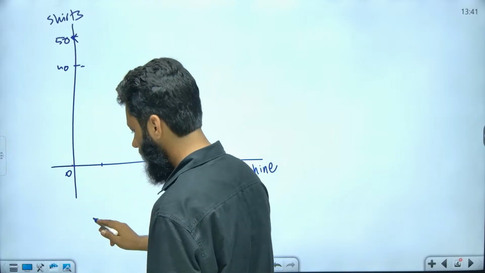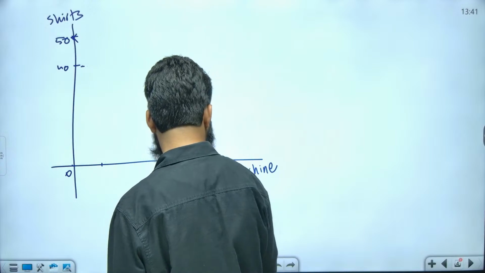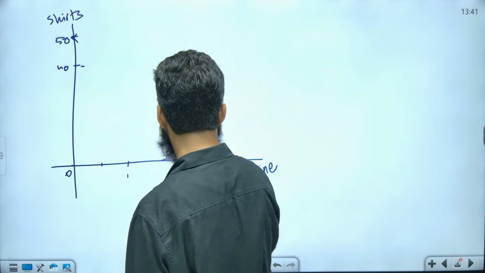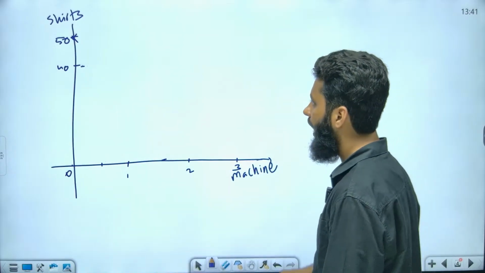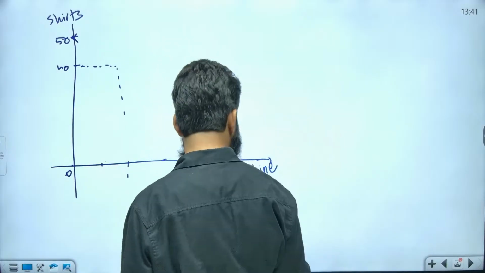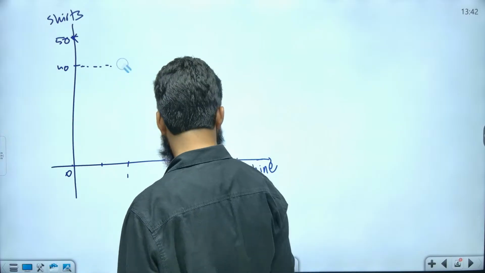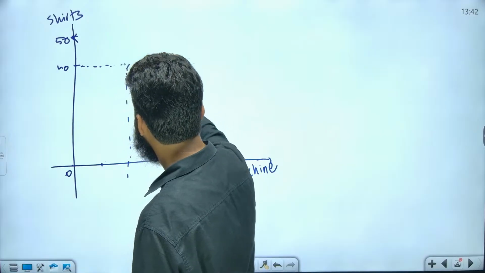See what we can do here. Suppose this is 1, this is 2, and this is 3. These are the number of machines. For 40 shirts we are able to produce 1 machine.